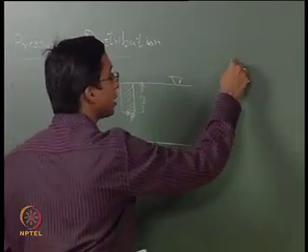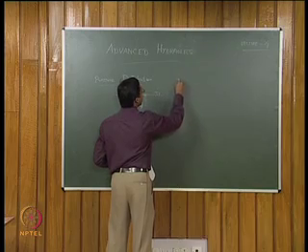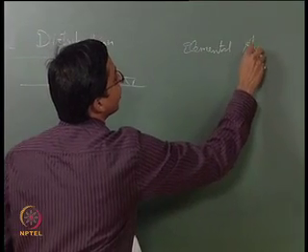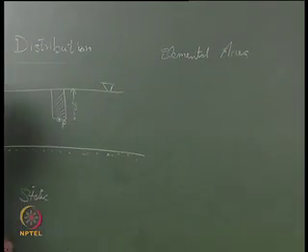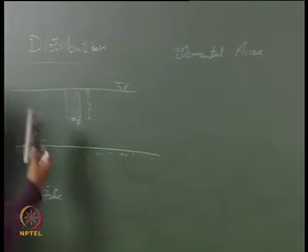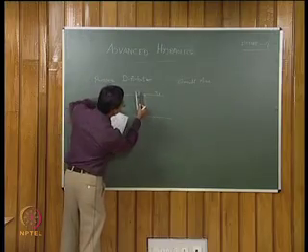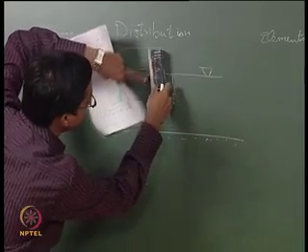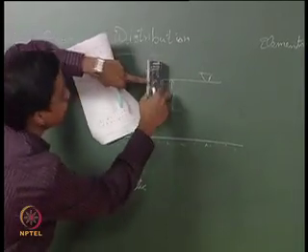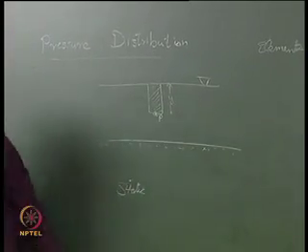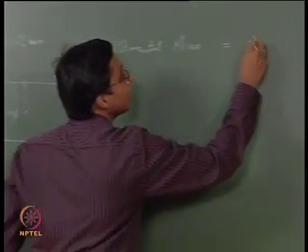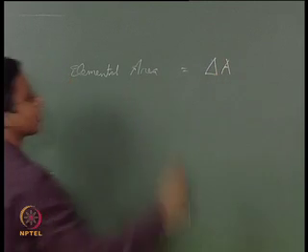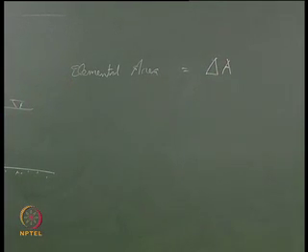Let us assume the elemental area, say if this duster is considered as the elemental strip, then the area at the bottom of the channel is given as the elemental area, del A.